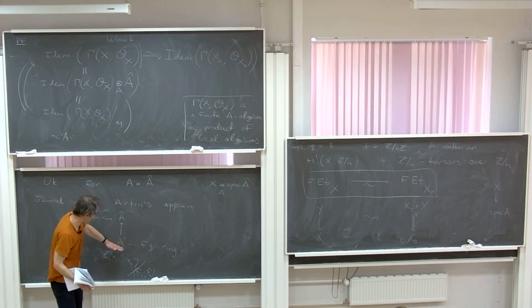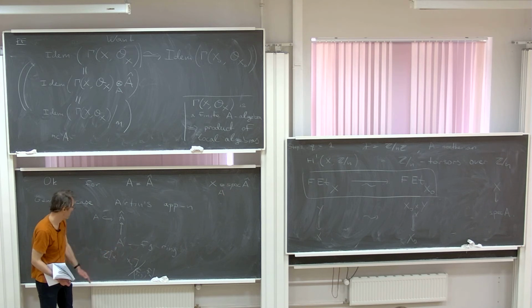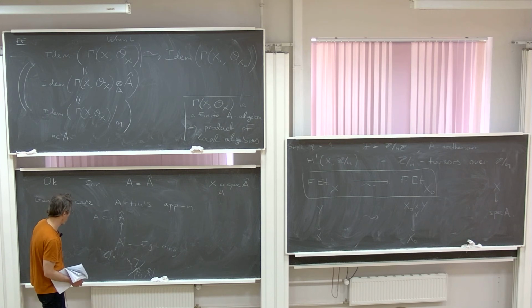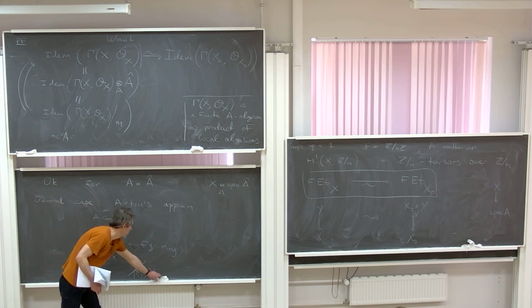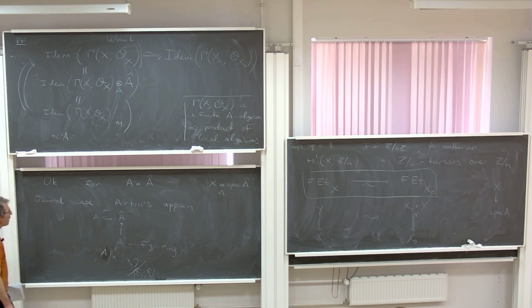Then we descend it to some finitely generated ring. So we need to either put A here instead of Z, or we have to pick some model of X over Z. Otherwise, I don't think it makes sense. That's a very good point. Okay? Thank you.